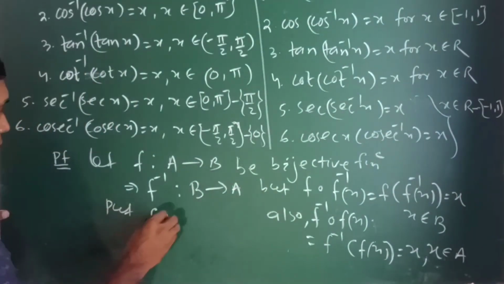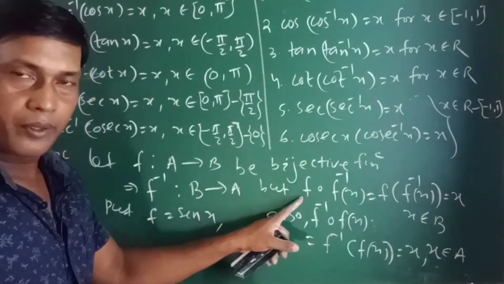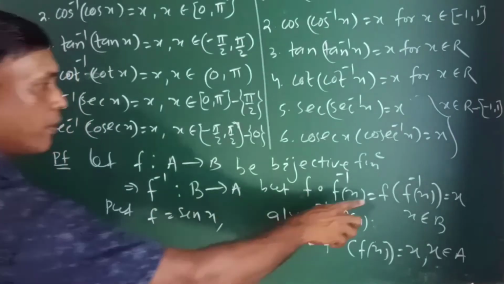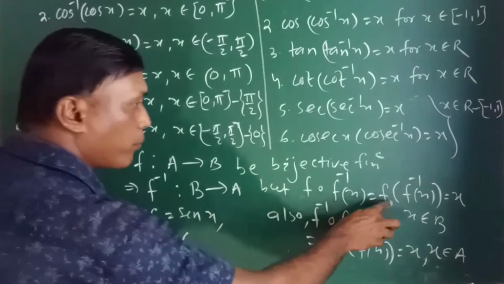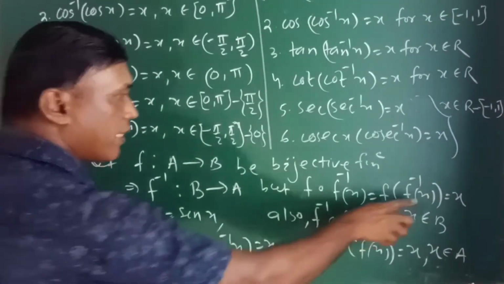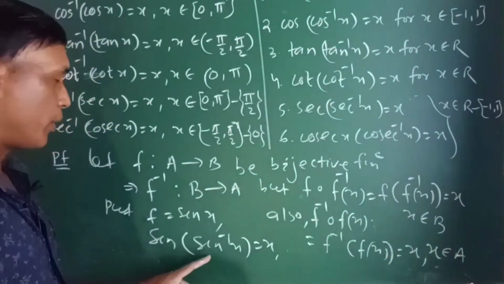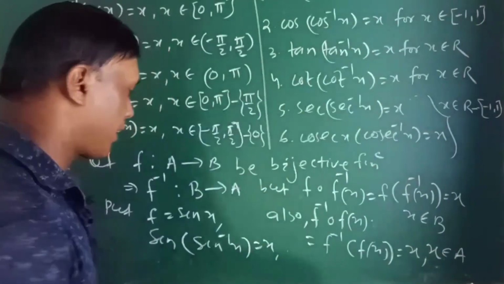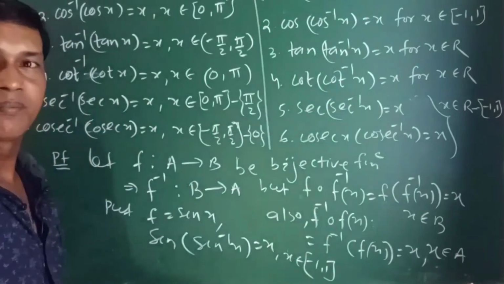In order to prove this, I will prove only one. Put f equal to sin x. Now f is sin x, so sin of sin inverse x is x, and x belongs to the domain of f inverse. You know the domain of sin inverse is minus 1 to 1, so x belongs to minus 1 to 1.